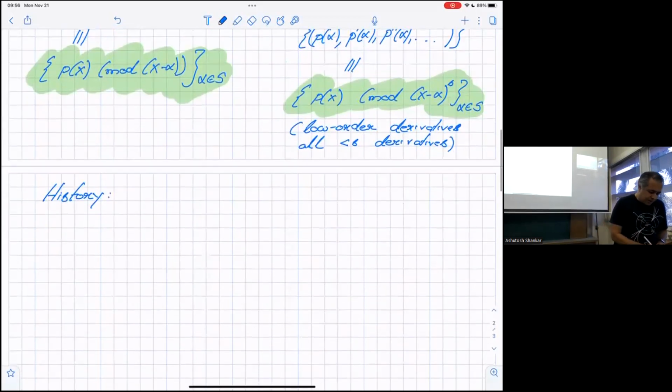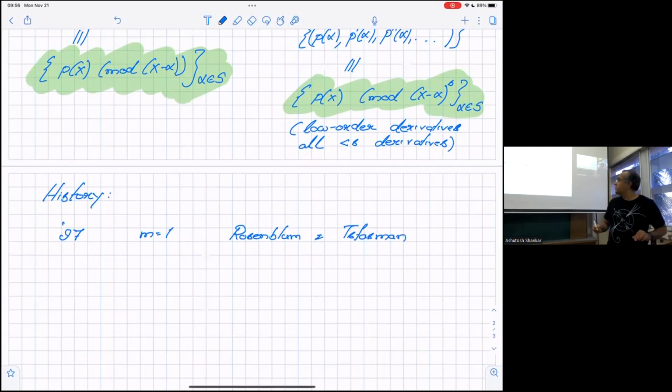So in 97, the univariate case was studied by Rosenbloom and Tsfasman. This is a paper in Russian. They actually introduced the univariate multiplicity code.